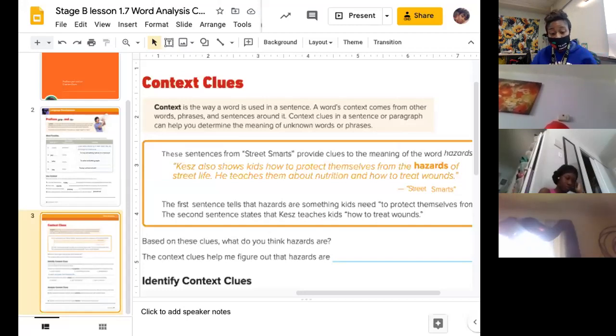There's an example we'll look at today where you have to pay attention to punctuation to see the context of that sentence. You use it to determine unfamiliar words. Let's look at the example they have here. These sentences are from Street Smarts, and they provide clues to the meaning of the word hazard. That is what we're looking for.